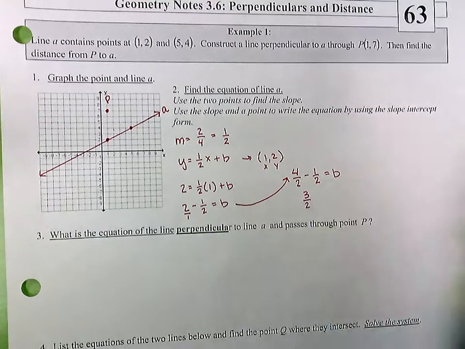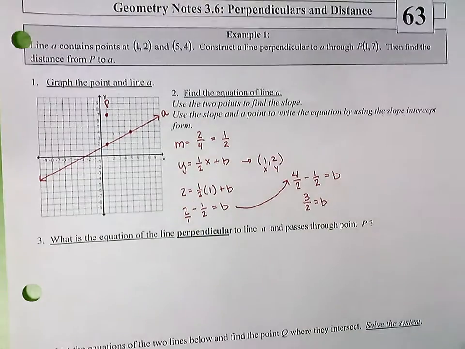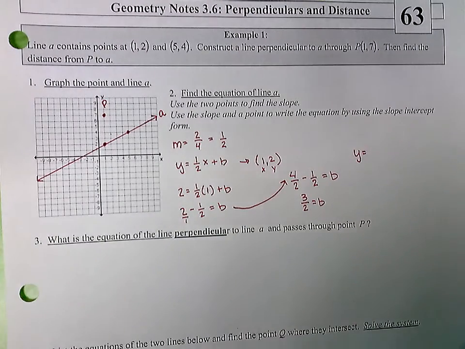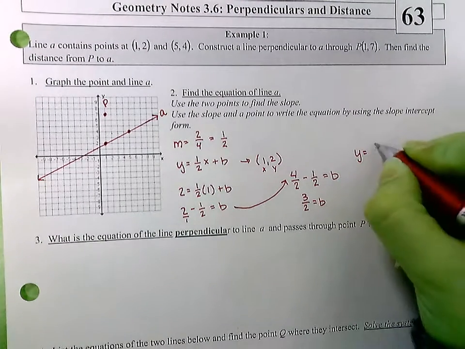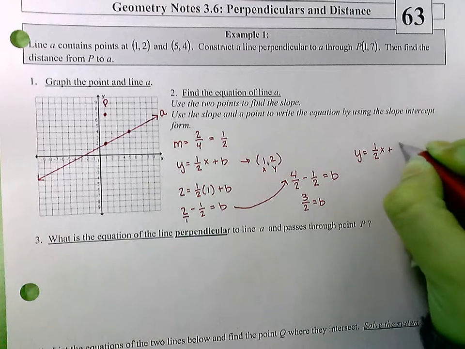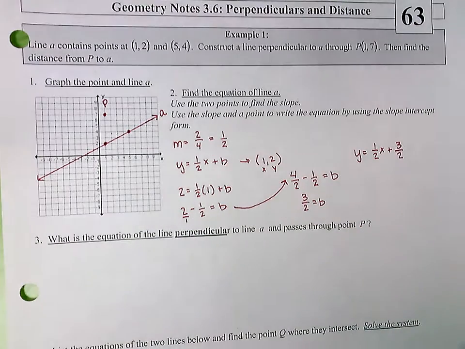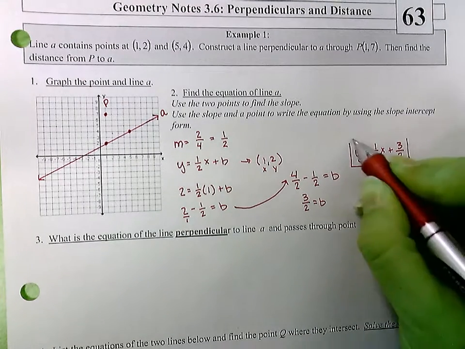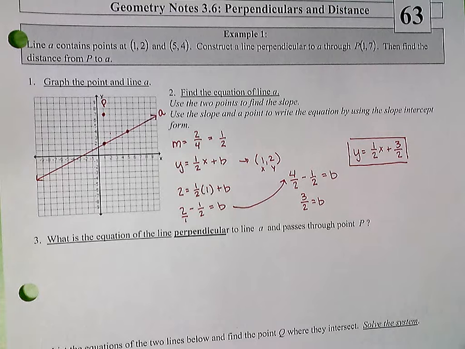Okay, so then I'll end up with 3/2 is equal to b. So now I have my m and my b value. So now I can write out my equation of that line. So I have y equals 1/2 x plus 3/2. Okay, so that's my first part. I had to find the equation of line A.